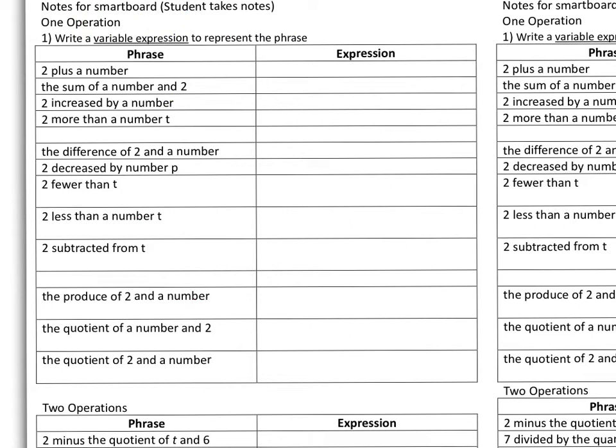Okay, here's some more practice for writing variable expressions when you're given a phrase. This is highly important to solving word problems, so I would really pay close attention to the wording. So for the first set, we're only going to deal with one operation.